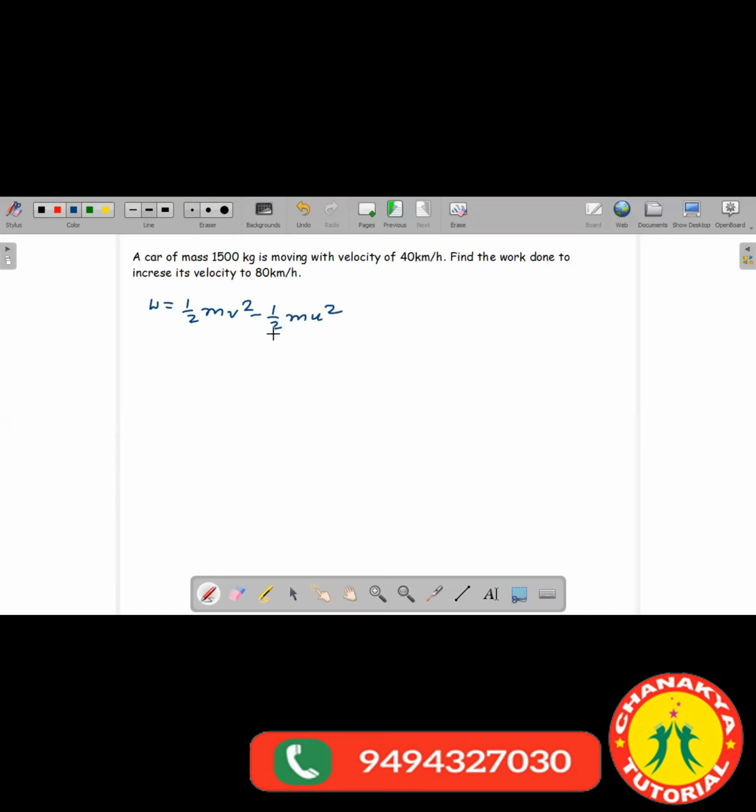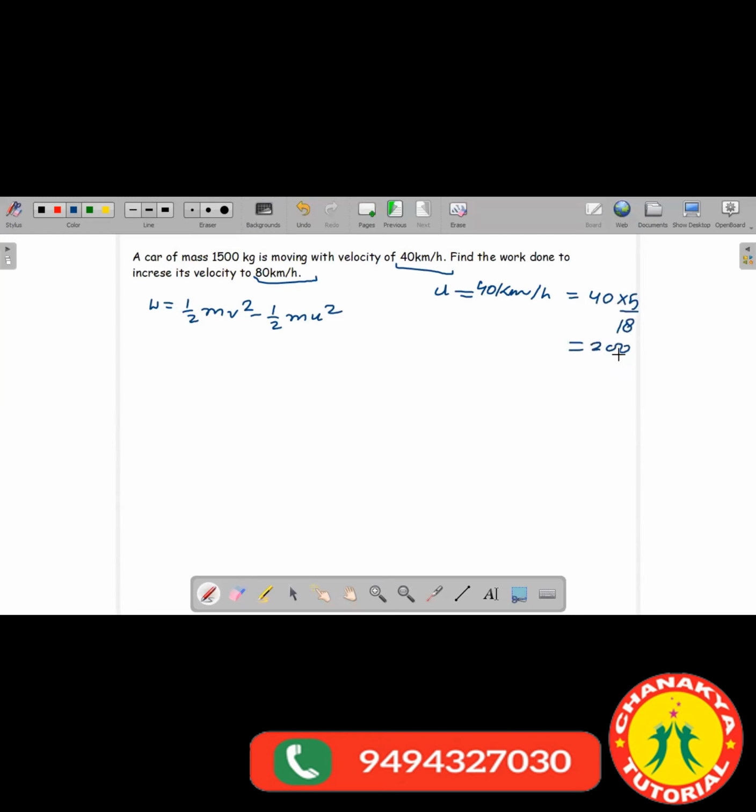Now we just need to convert these velocities into the SI system of units. So 40 kilometer per hour is our initial velocity. Convert this to meter per second. You need to multiply this 40 by 5 by 18.